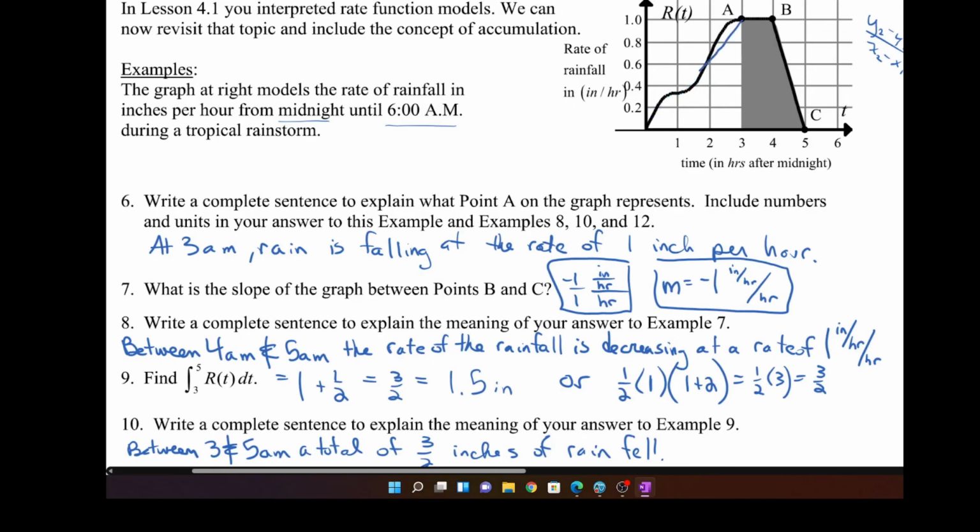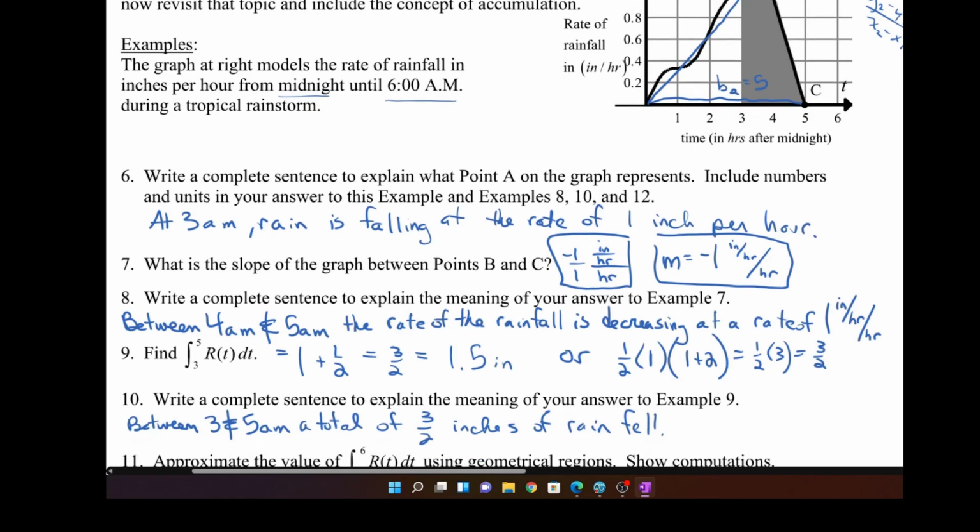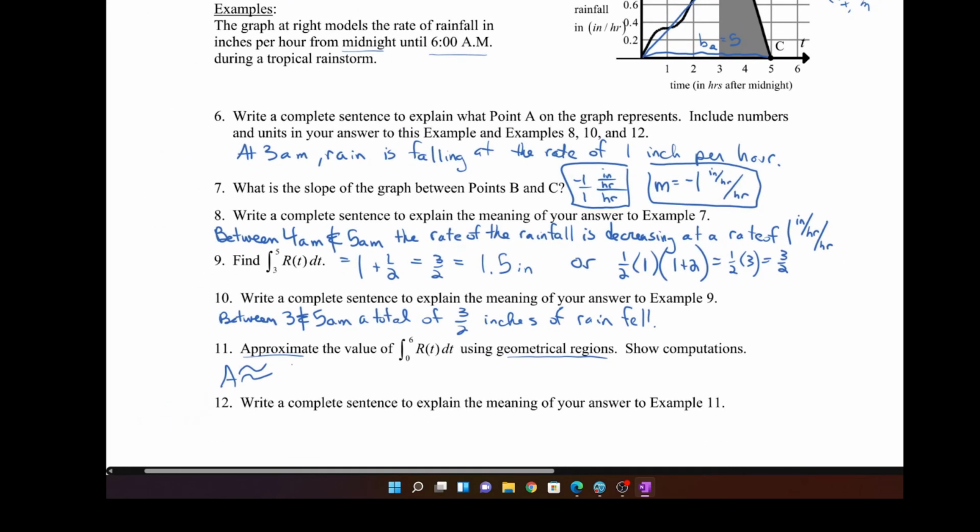I would be happy to call this a trapezoid, where again, I have a base, and that first base is 1, and then I have another base, and this base is a 5, and I'm still working with that 1/2, and the height was 1, and then I do the 5 plus the 1, and I end up saying that I have 1/2, and this is going to be 6, and that's going to be an area of 3 inches.